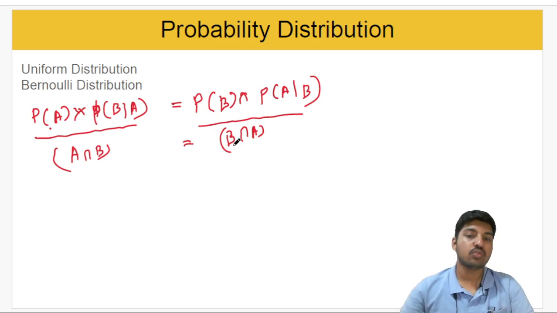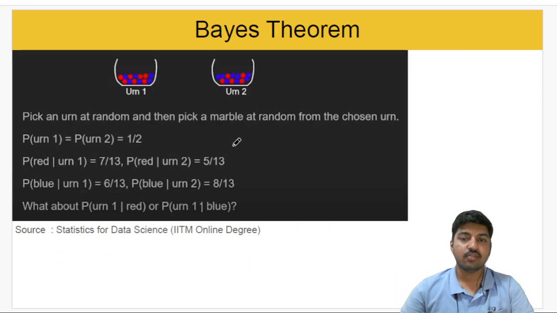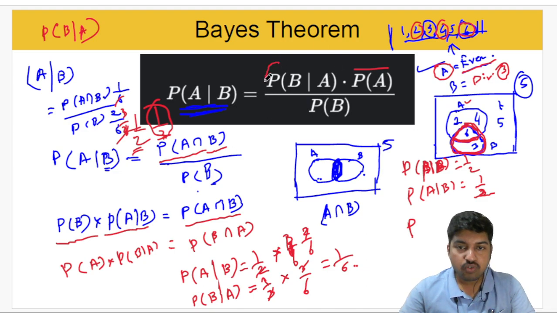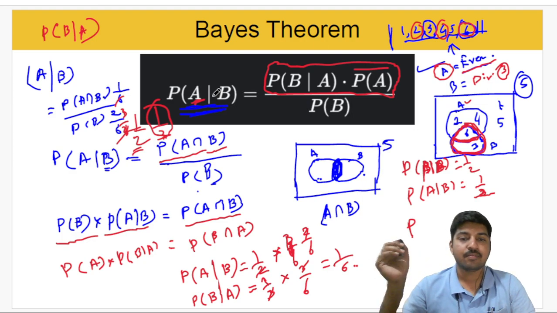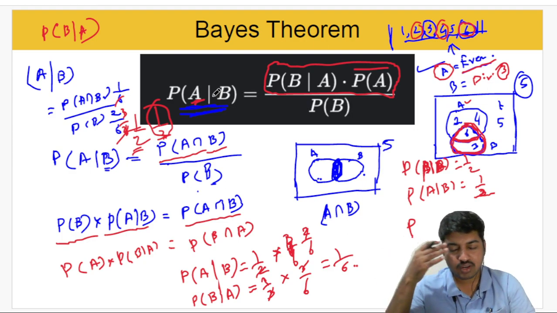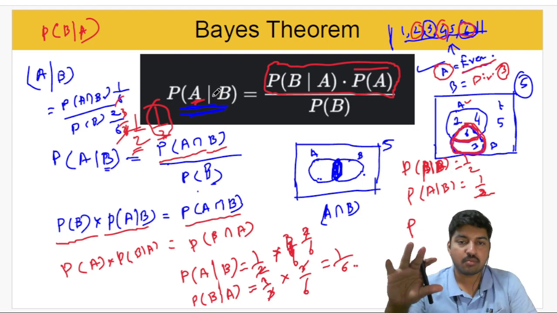Why do we want to prove that? We are using this formula to replace the dependency of one event, which is event A itself. A intersection B, if I don't know it, I'm removing that dependency. Why we need to remove that, you don't need to remember.